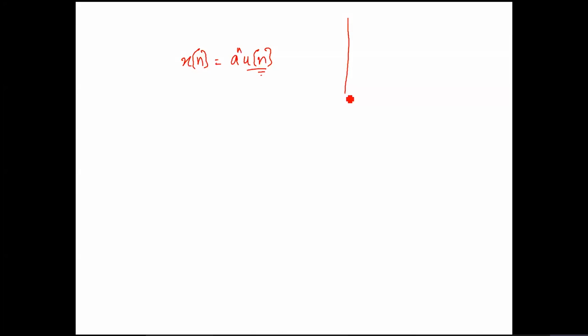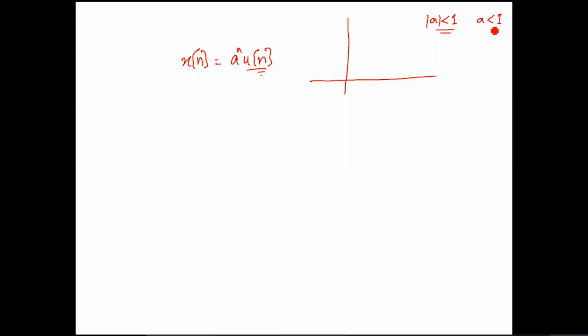If we just talk about a to the n, this a can be less than 1, a decimal value. It can be equal to 1, or it can be greater than 1. Mostly we are interested in magnitude of a less than 1. Most commonly you will come across a less than 1, positive decimal values.